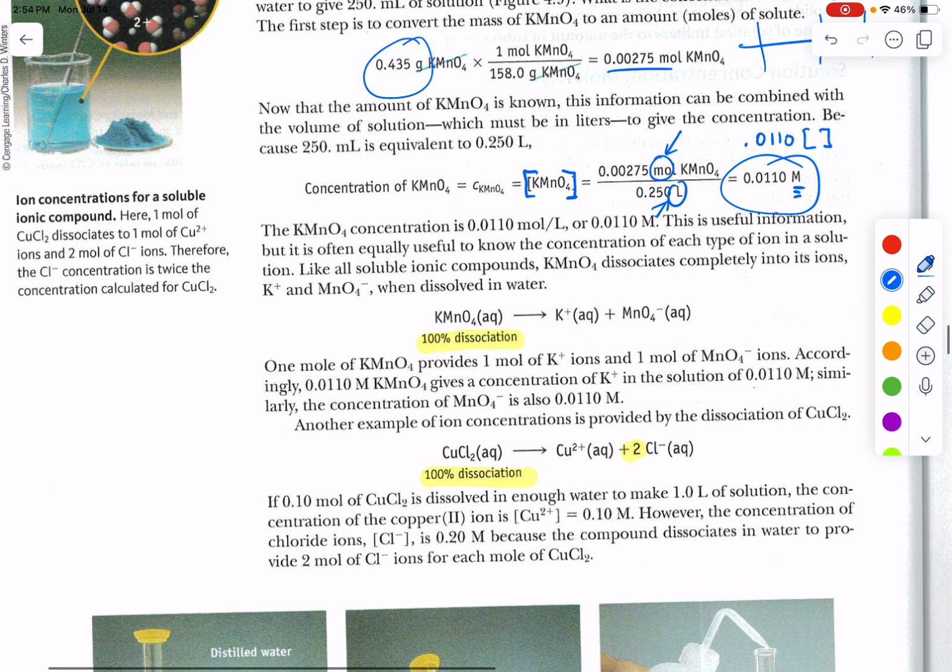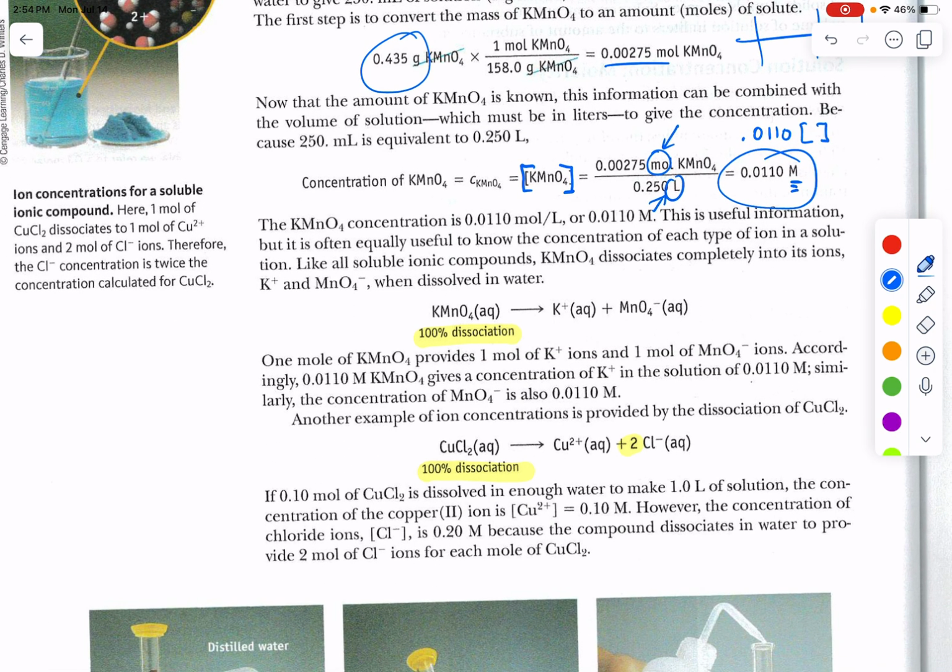Now, keep in mind, and this is an important point coming up that students often forget, that assuming we have a relatively dilute solution, you have more than enough water molecules to completely dissociate all of the potassium permanganate crystal. You notice this is going to be very soluble because it's a potassium compound.